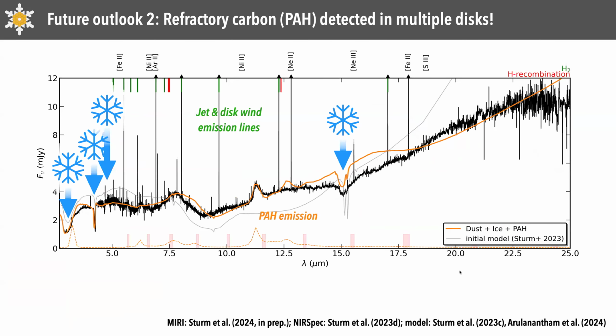The second thing is that, as I said earlier, the refractory carbon turns out to be really important. If 50% of your carbon is in refractory carbon, we don't see that much carbon in Earth. So we would need to come up with some model for how you destroy that carbon, because with that much carbon, there's a question of whether it's too much of a good thing for life.